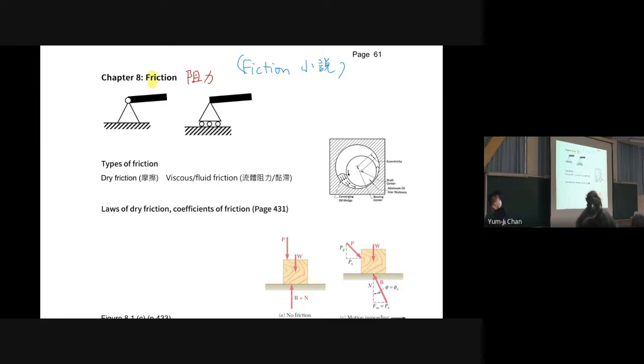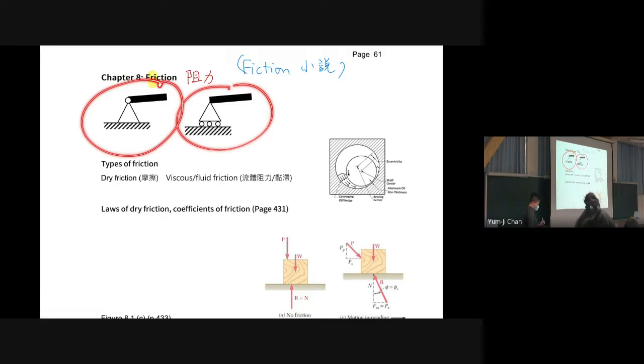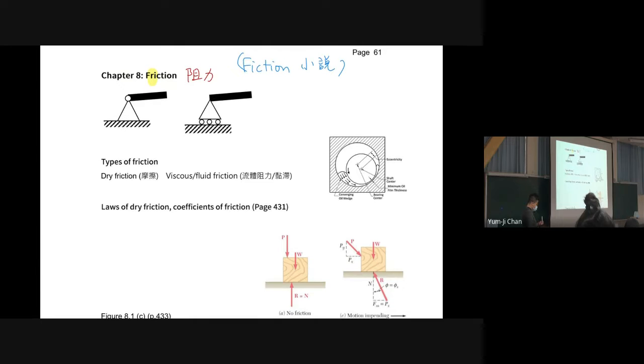In chapter 4, we talk about these two kinds of supports, and of course, we will need it in the examinations. What are the names of these two types of support? This one is pin, good.